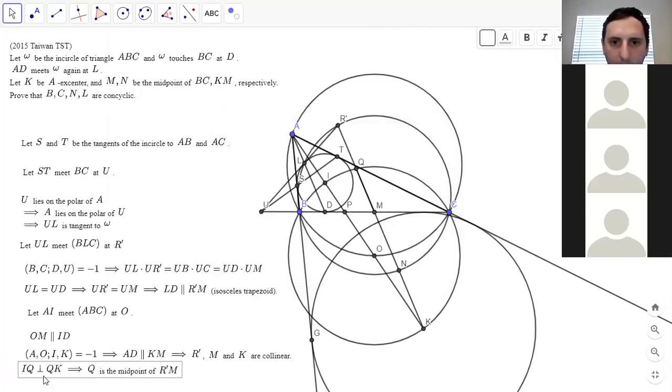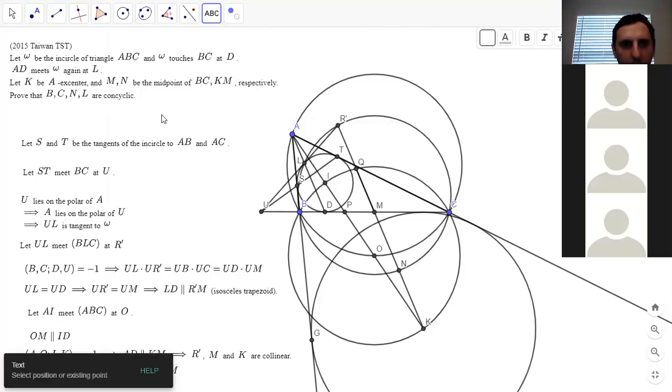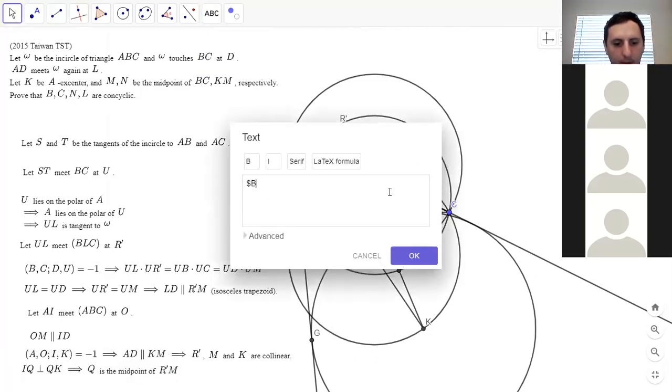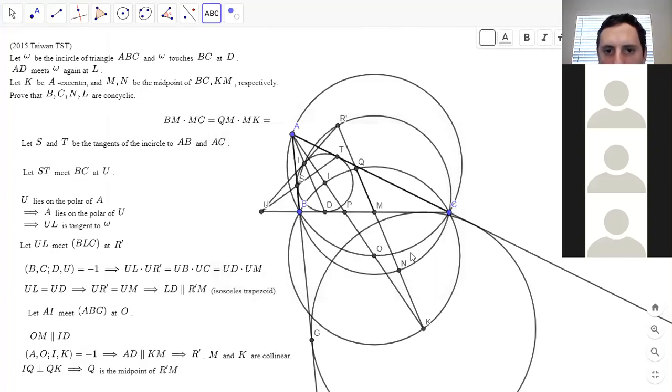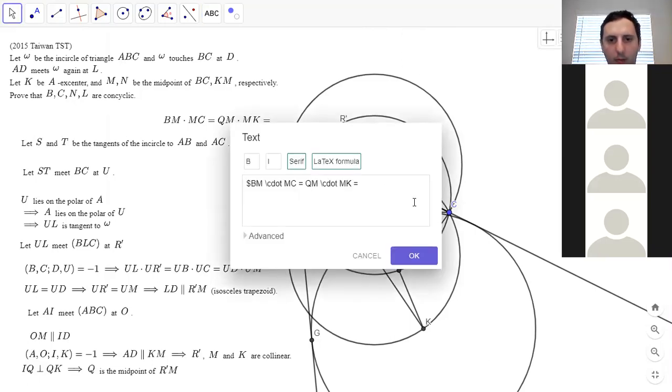And then we have BM times MC is QM times MK. So yeah, now it's just power of a point, because BM times MC is QM times MK, which is R prime M times MN, where N is the second intersection.